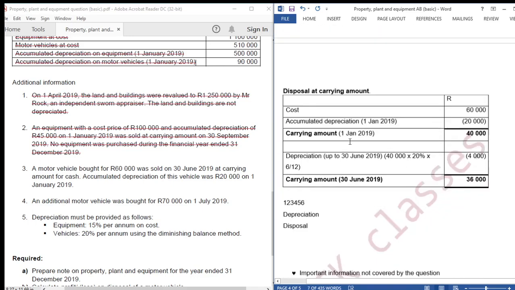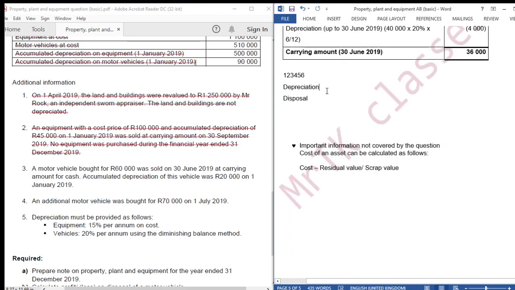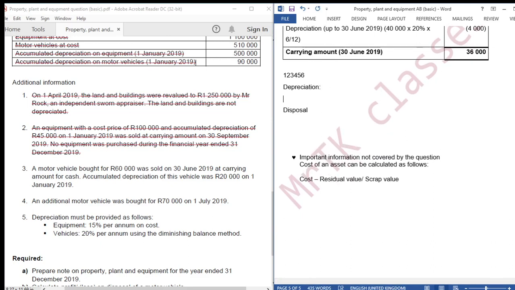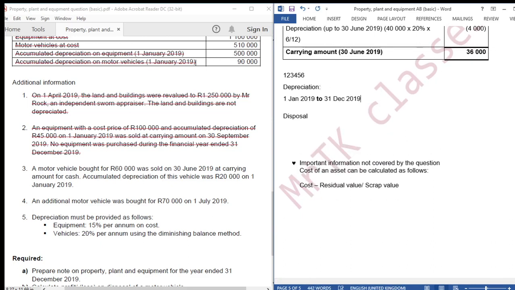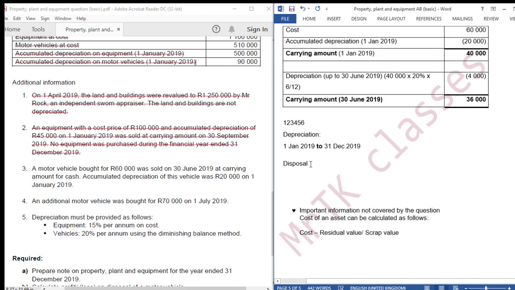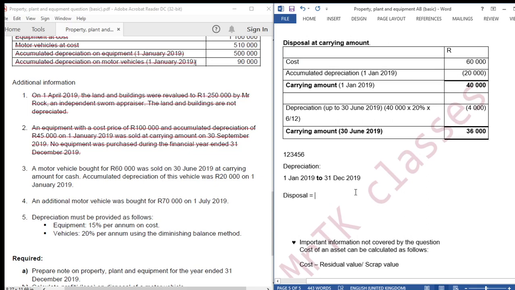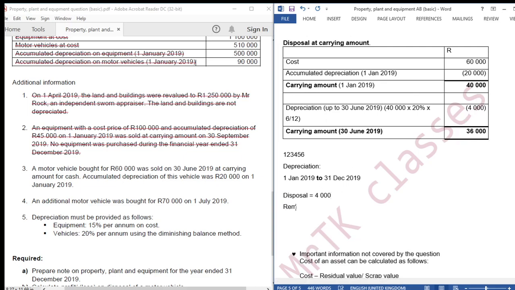Disposal is equal to 4,000, because that's the depreciation between 1 January 2019 and 31 December 2019.